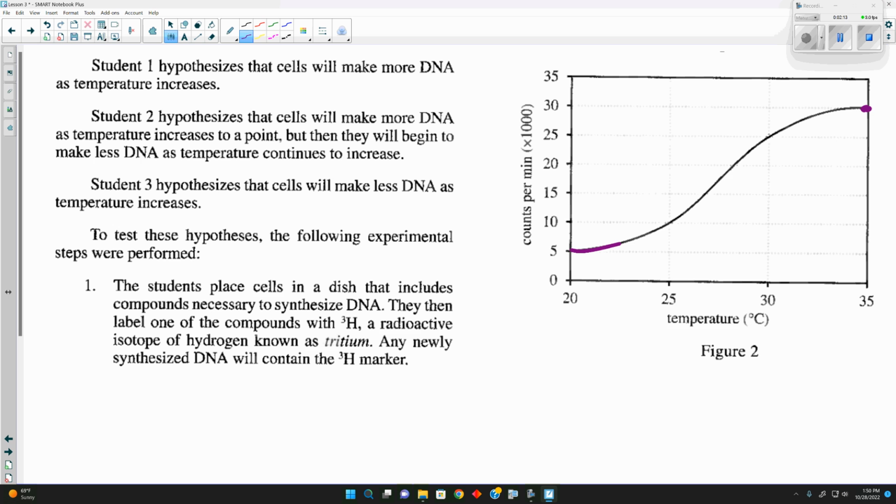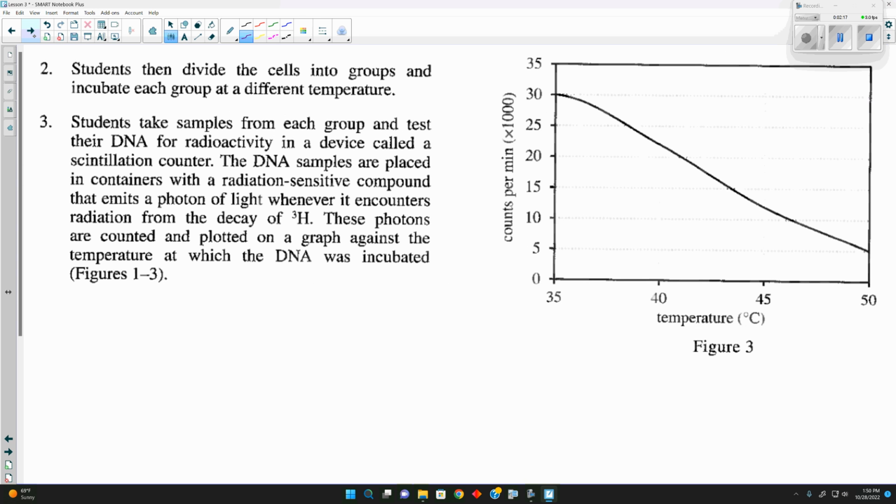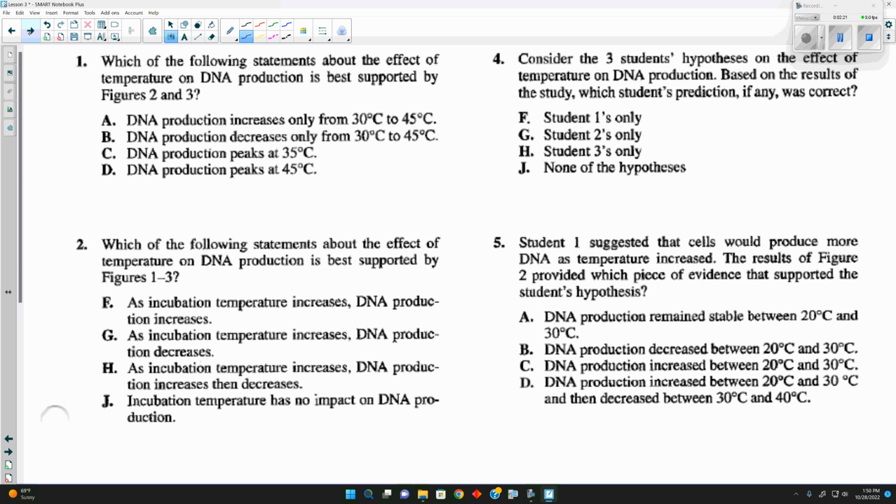Well, for both of these here, it increases and then decreases, yes? So can we say, what about A and B? A, it only increases from 30 to 45 degrees. Is that true? No. Does it only decrease from 30 to 45 degrees?